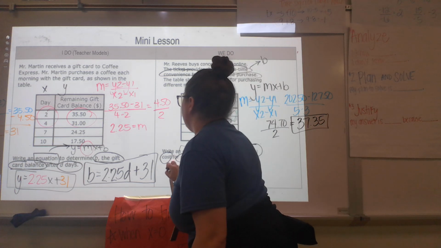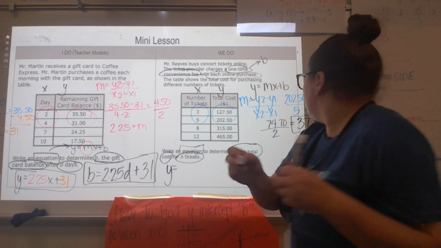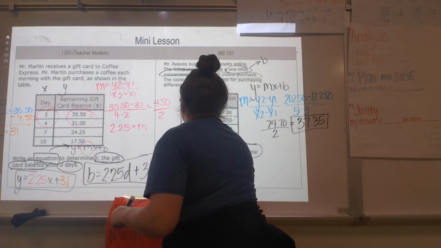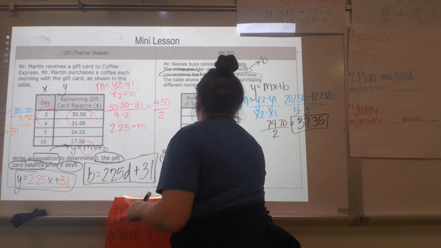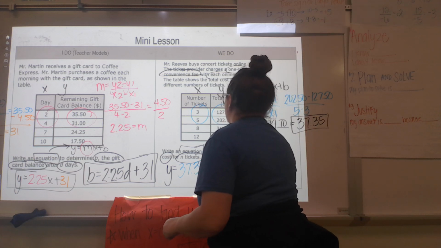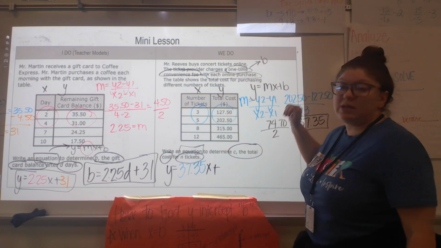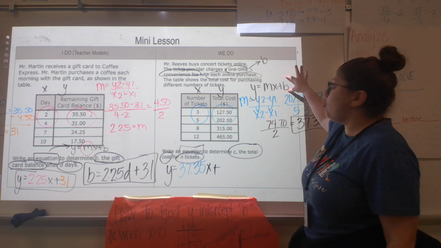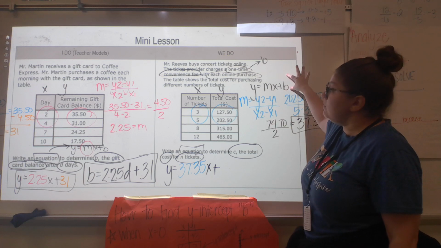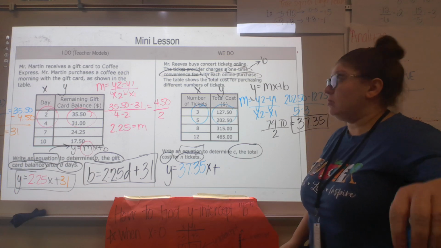So I'm going to make my equation. Y equals 37.35x plus. Now we're going to plug these things into my equation to figure out my y-intercept.